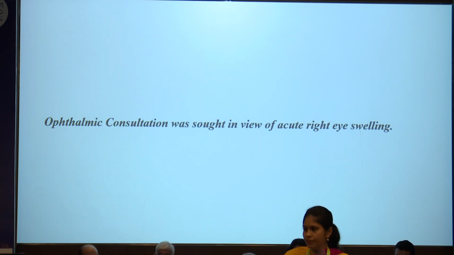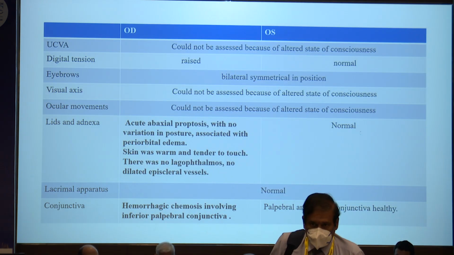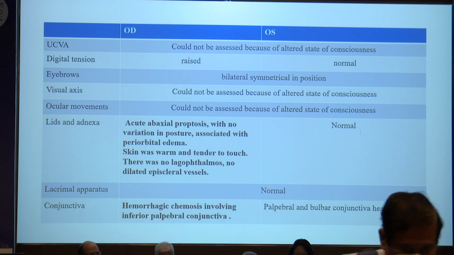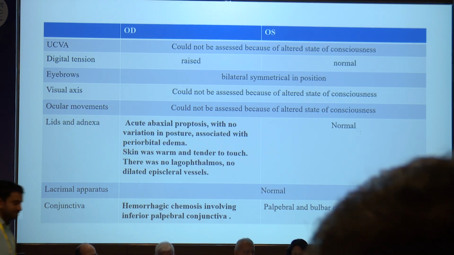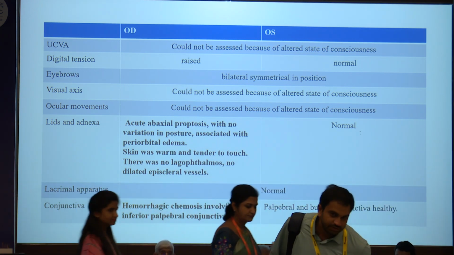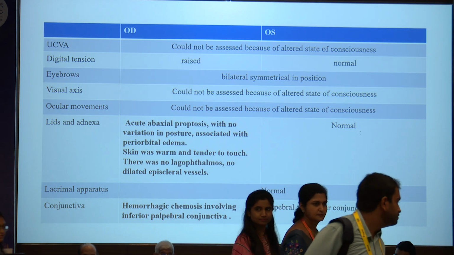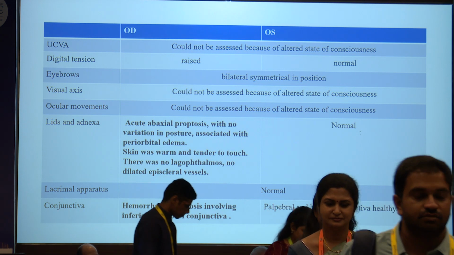Ophthalmic consultation was done in view of the acute right eye swelling. Visual acuity and digital tension could not be assessed because of the altered state of consciousness. Eyebrows were bilaterally symmetrical; visual axis and ocular movements could not be assessed as he was in an altered state of consciousness. There was acute axial proptosis with no variation in posture, associated with periorbital edema.